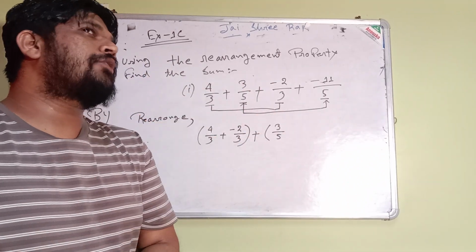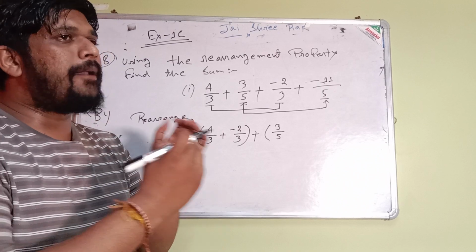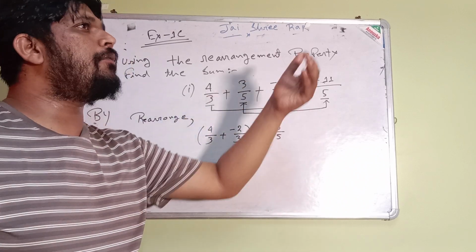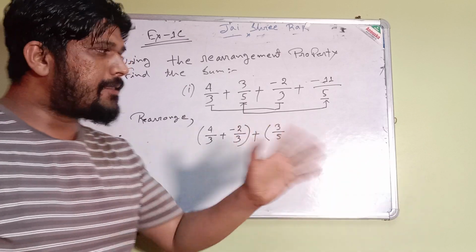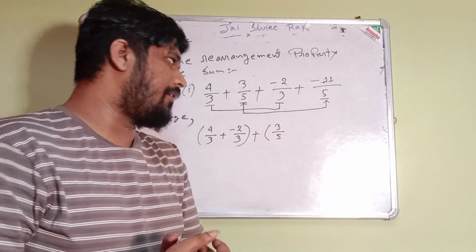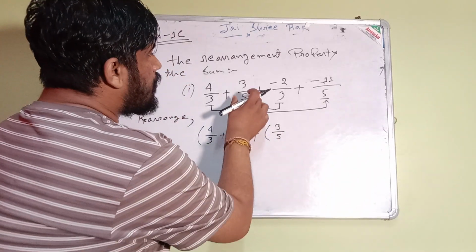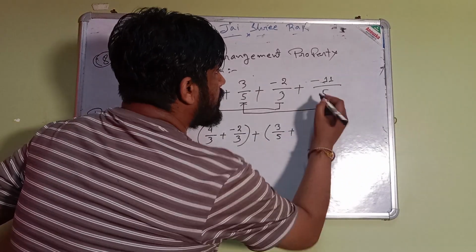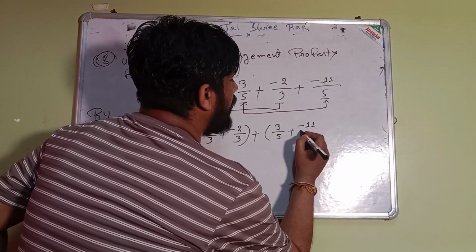Same way, the associative property we have learned: a plus b plus c equals c plus b plus a. So we can write it this way also: 3/5 plus (-11/5).